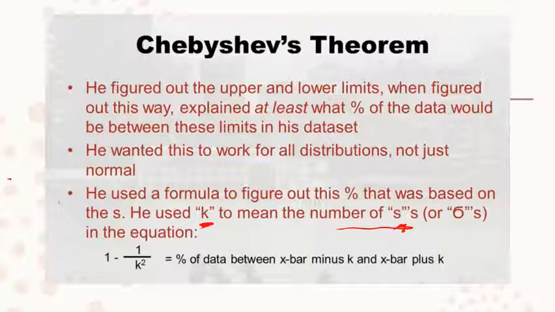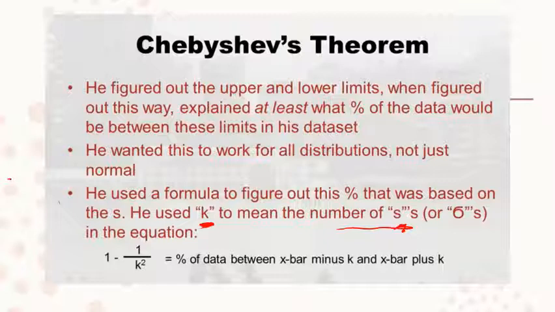You can use one of those standard deviations, or you can go ahead and use 2, you can use 3, however many you plan to do for this data set. K is that number that corresponds to how many standard deviations you are going to use.